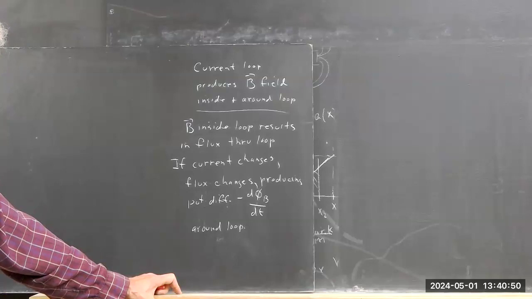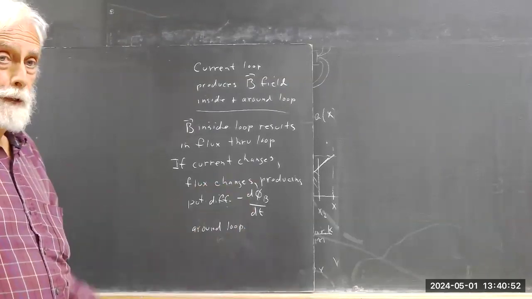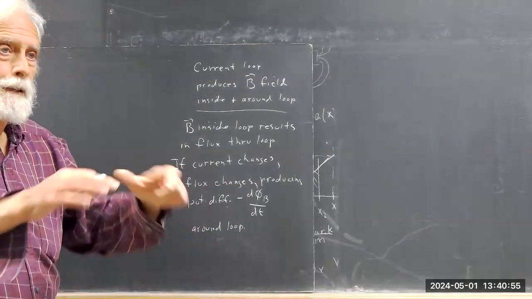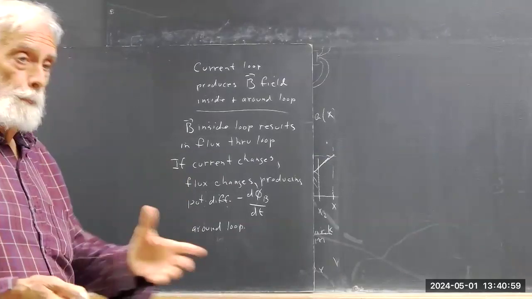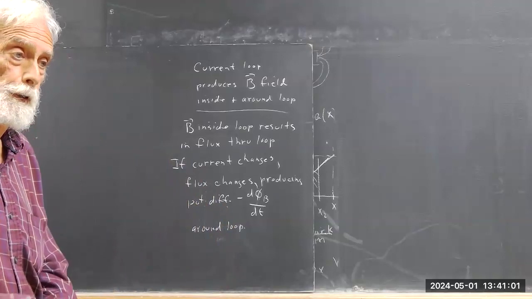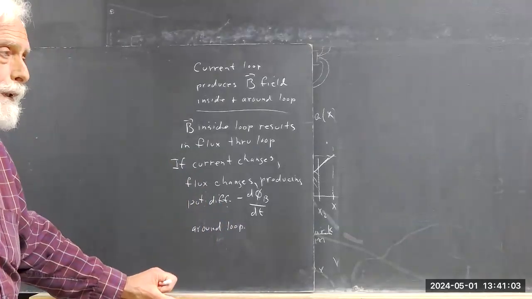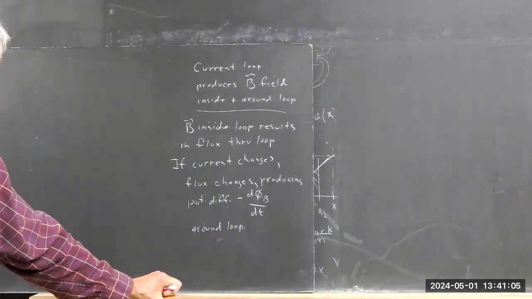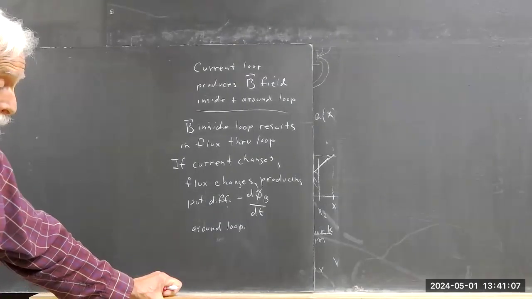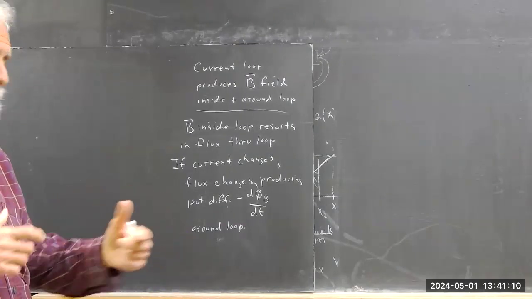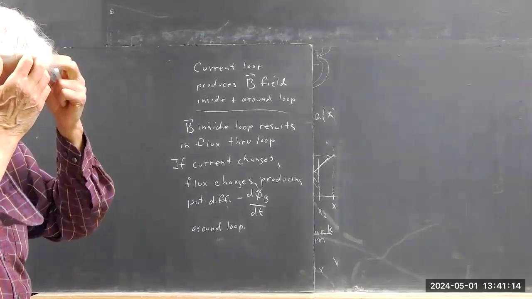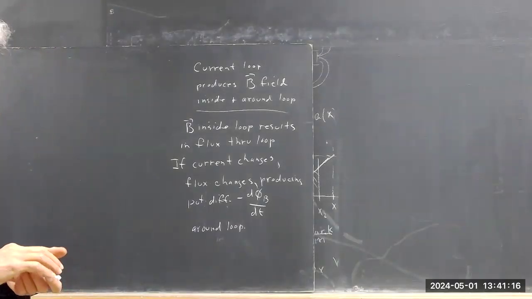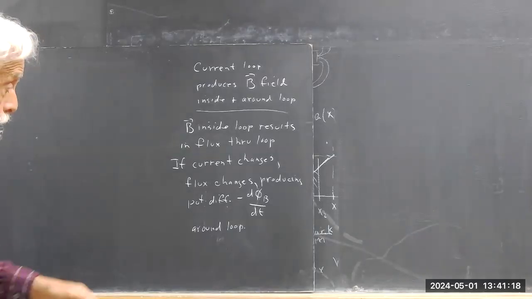That's the basic principle: if you have a changing magnetic flux within a region, you produce an electric field around that region. It's the way light propagates. You have these electromagnetic fields that keep oscillating. And unfortunately, we haven't been able to really talk about that.